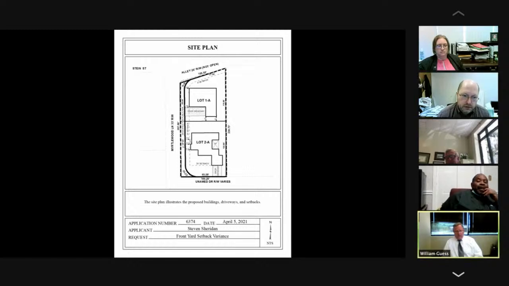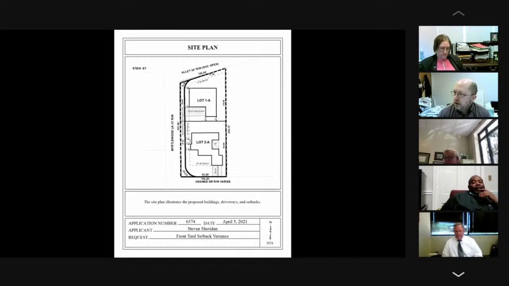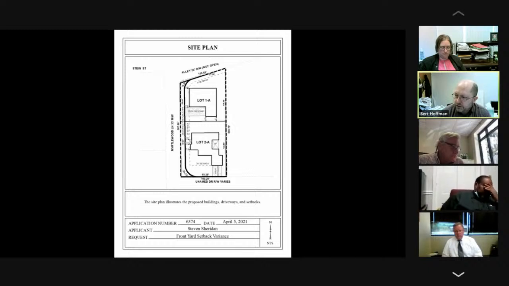So the previous structure was 25 feet or more from the road, but as part of the subdivision, they've had to give up an additional 10 feet or so of right-of-way. I think that this house was closer generally to the edge of right-of-way than some of the other houses along the street. So the variance being requested is that the physical proximity of the new house to Myrtlewood would be the same as the physical proximity of the house that is or was on the property.